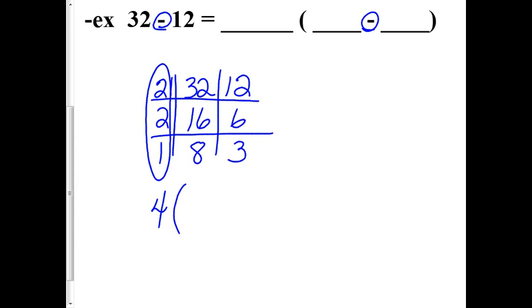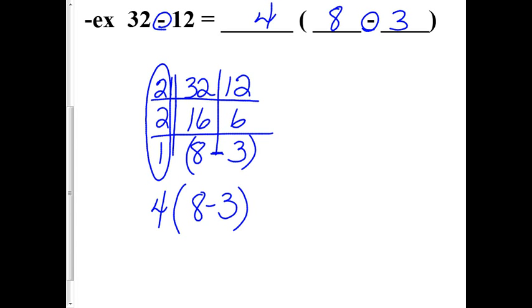So 4 times the sum of 8 and 3. And it's actually going to be the difference of 8 and 3 because we originally had a subtraction, not an addition. So 8 minus 3. So I could factor this one to be 4 times the difference of 8 and 3.